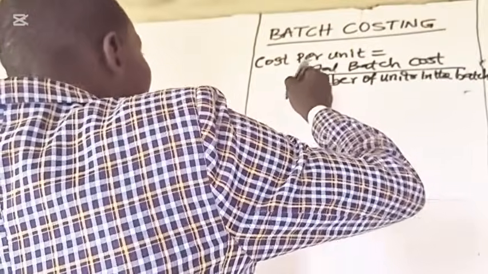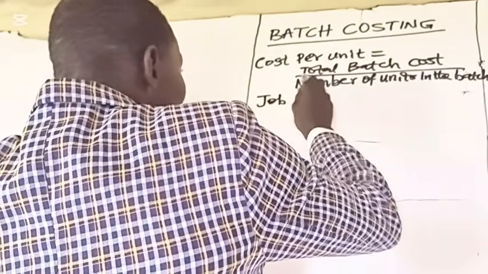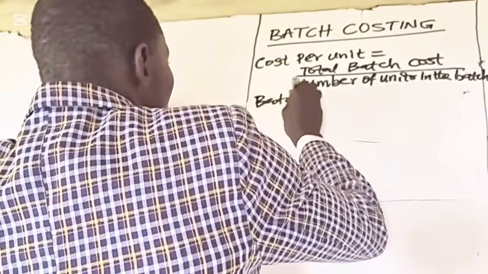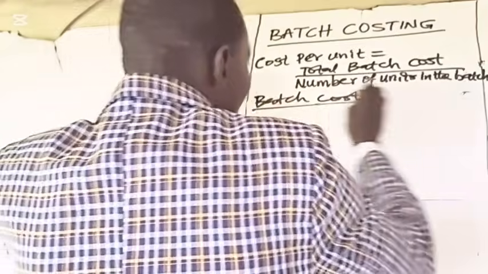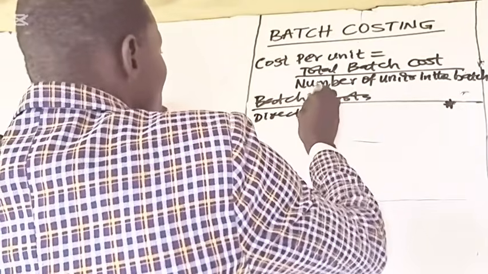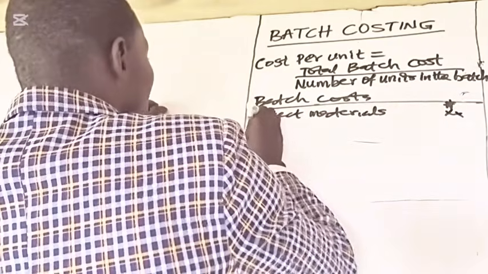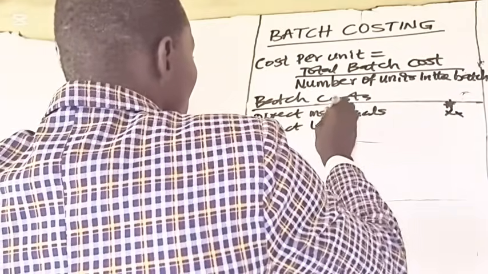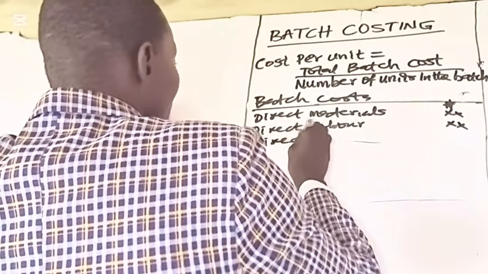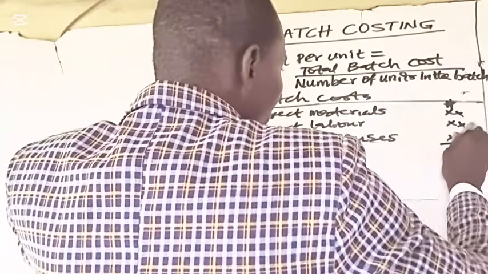To calculate the profit or loss on the batch, you may start with the batch cost, which may include direct materials, direct labor, direct expenses, and this will give you the prime cost.